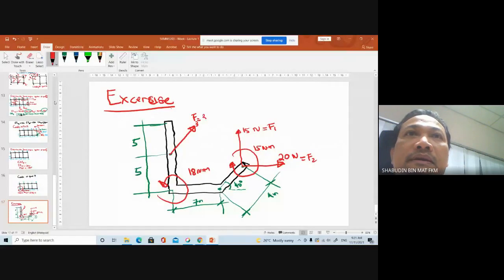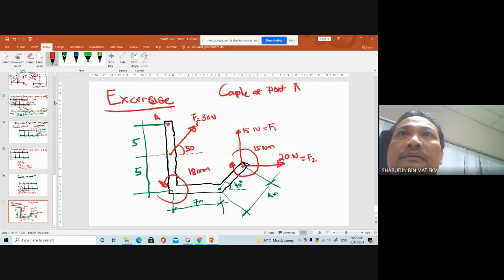Here the given angle is 50 degrees. Then here is point A. Get me the couple at point A. Do that now in 10 minutes.